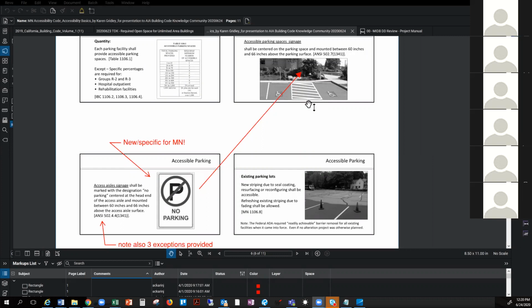Now that doesn't always work because of the nature of the parking condition, the sidewalk, the crosswalk.